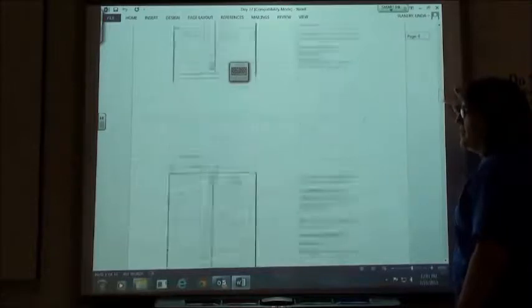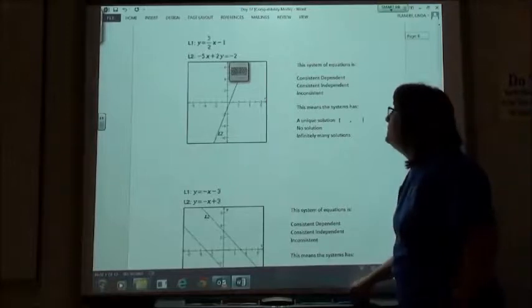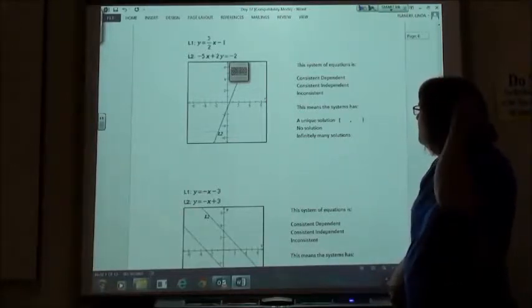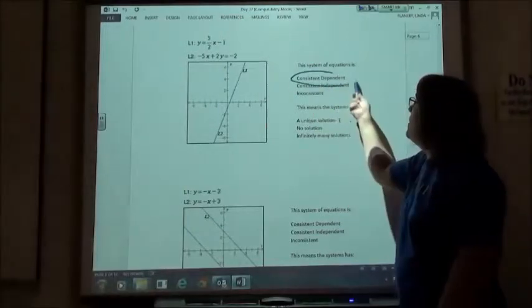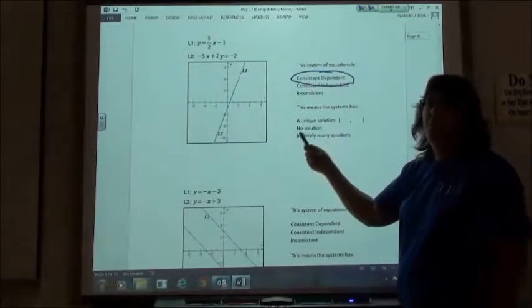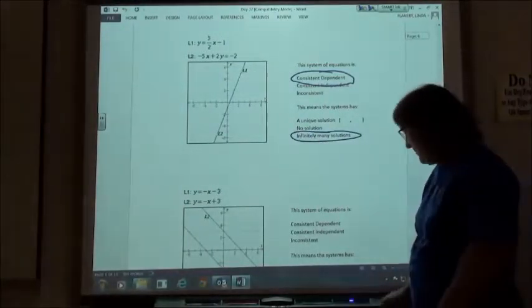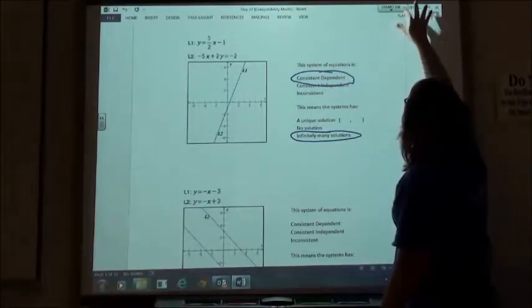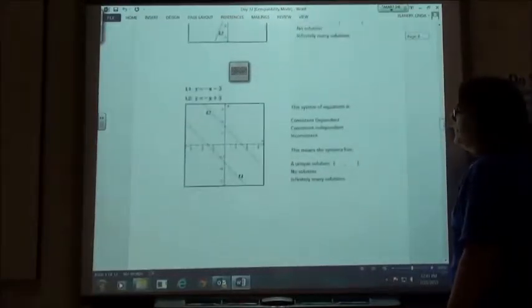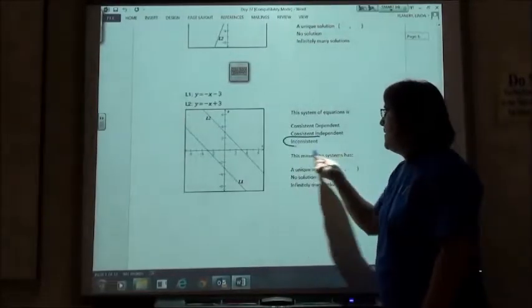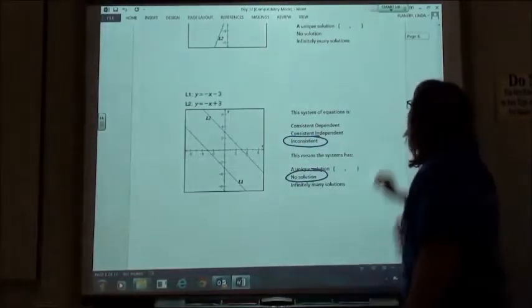And the next one is consistent dependent with infinitely many solutions, right? And the last one on number 6 is inconsistent and has no solution since my lines are parallel.